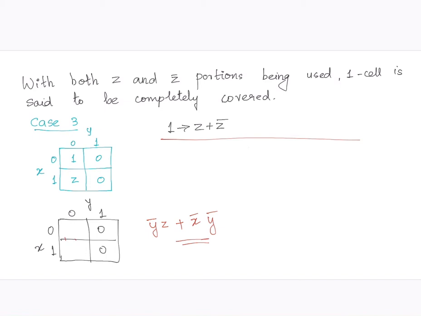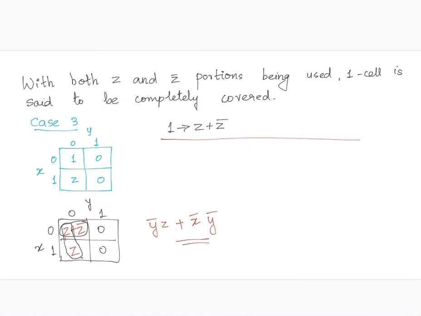Considering another example where the cell has 1 and Z inside the literal. In this case again 1 can be replaced by Z plus Z bar, and below Z it will be 0. So the grouping can be done as Z and Z grouped together, as Z bar cannot be grouped with any other elements. This can be considered as 1.